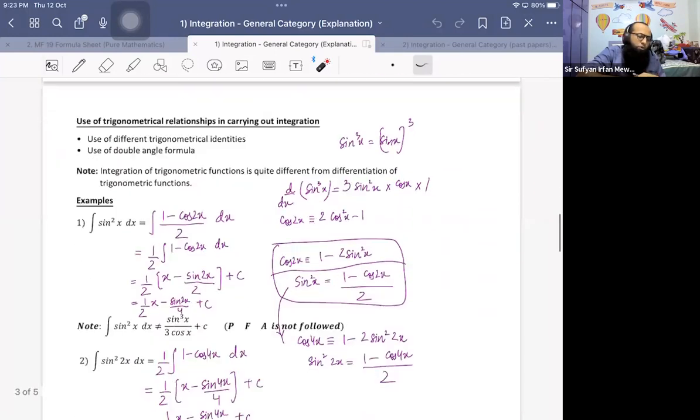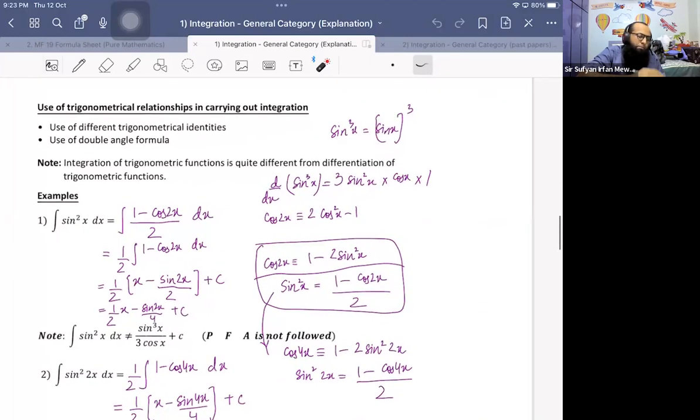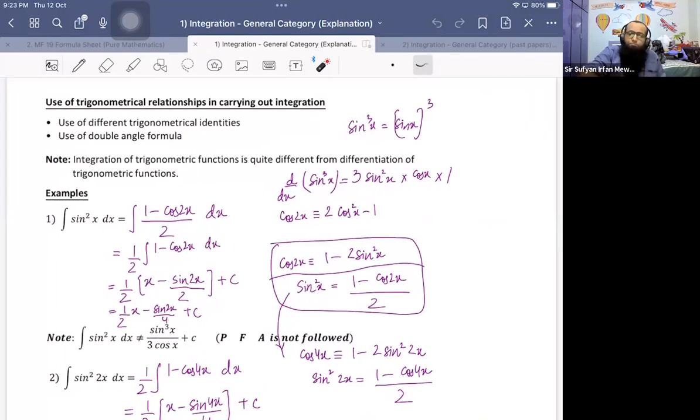Now, moving on, covering more aspects of integration. Usually, when we were covering trigonometry, I told you that trigonometry is extremely important, because trigonometry is one area that will be used everywhere.